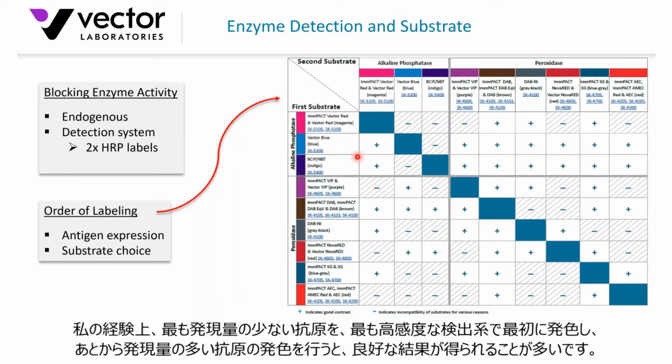It's always a good idea to label the weakest antigen first. When I mean the weakest antigen, the weakestly expressed antigen first, with the most sensitive detection system, and then follow that through with the more abundant antigen as your second label. That always seems to work best, at least in my experience.